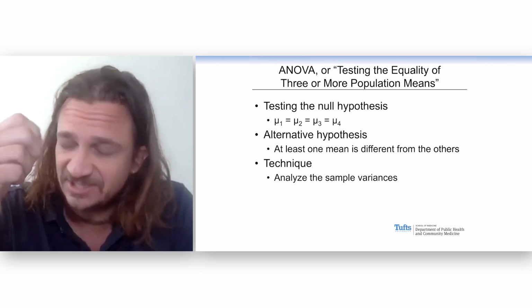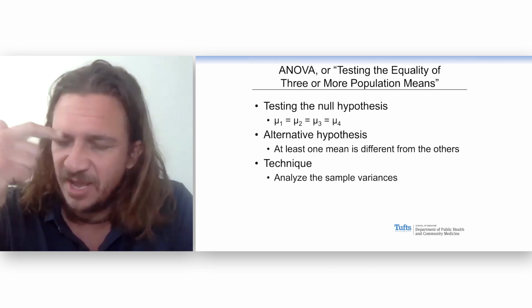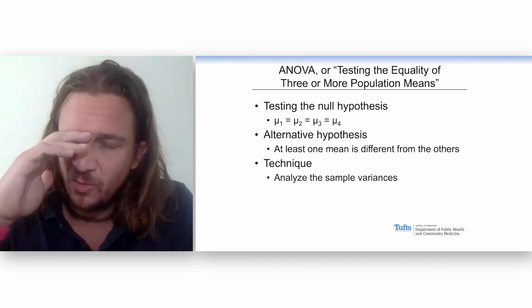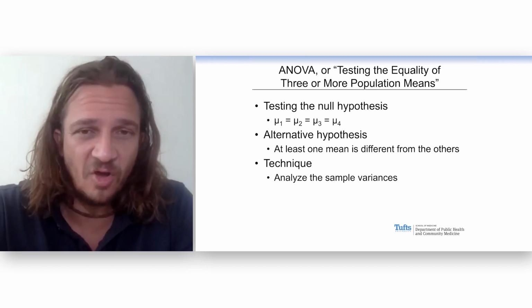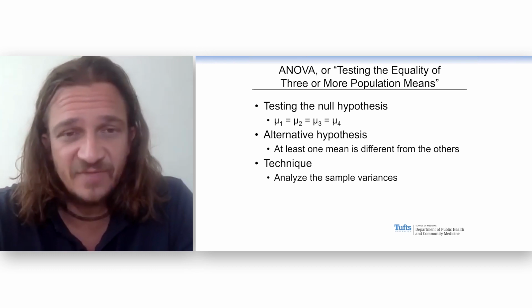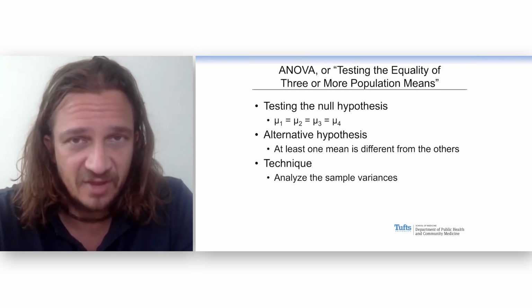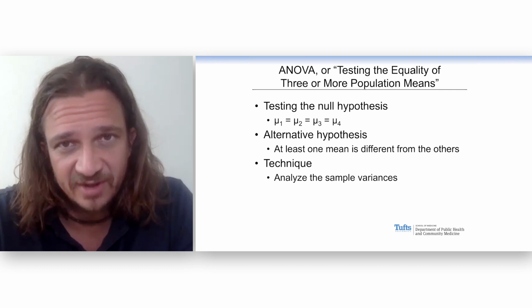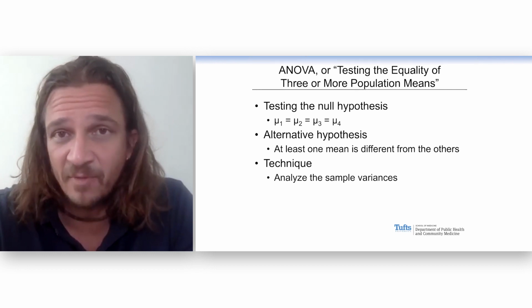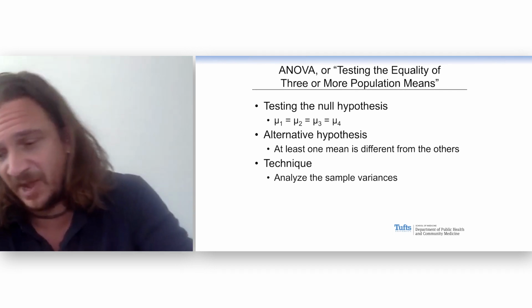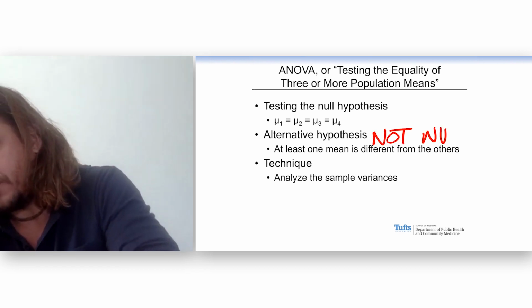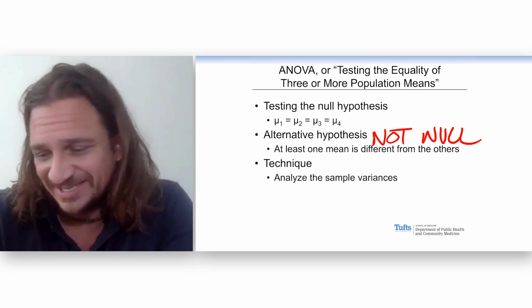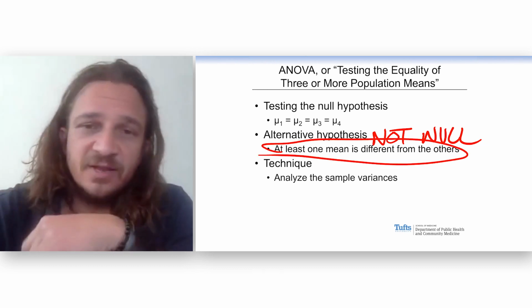Have a null hypothesis, go ahead and collect some data, and then ask yourself, what is the probability of getting that test statistic if the null hypothesis is true? And if that probability or the p-value is small, then you reject the null hypothesis. Now, remember, the null is here, and the alternative is not the null. In other words, somewhere in there is a difference.